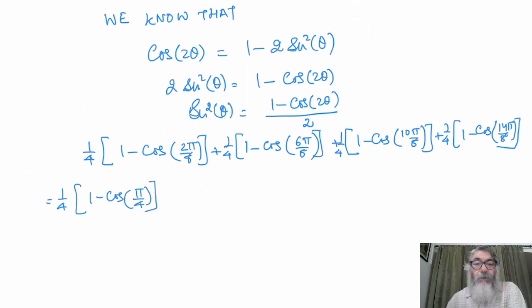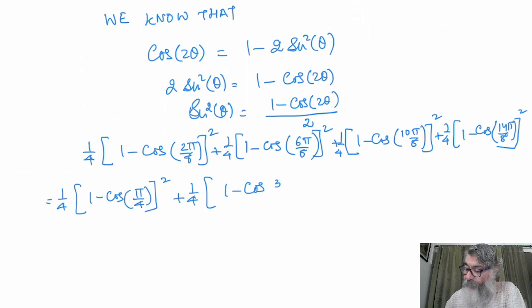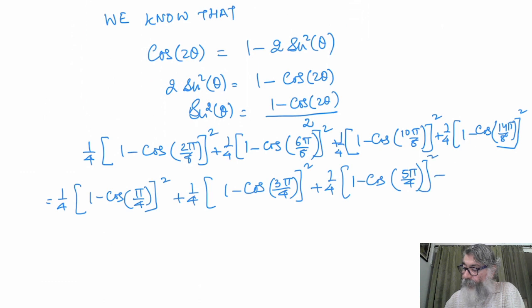I'll get the power 2 everywhere, plus 1 by 4, 1 minus cos 3 pi by 4 square, plus 1 by 4, 1 minus cos 5 pi by 4 to the power 2, plus 1 by 4, 1 minus cos 7 pi by 4 to the power 2.